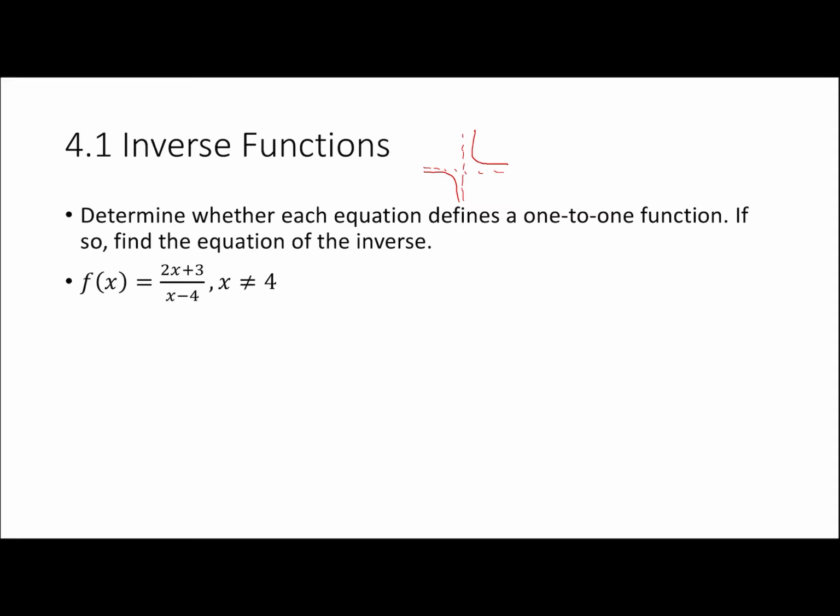It's always either going slightly up or slightly down. It's also a function because it never goes vertically straight up or straight down. And so based off that graph, it is one-to-one.